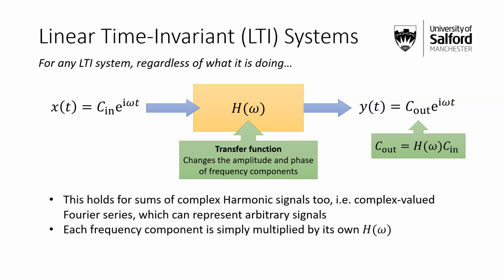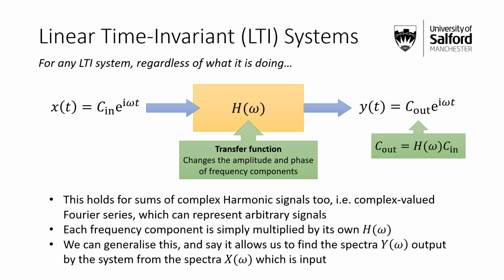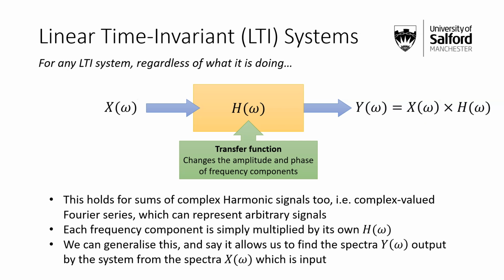And we can generalize how we write this and say that it also allows us to find output spectra Y of omega, so the spectra of y of t, from the input spectra X of omega. So you might see things like this written as well, which could be thought of as applying to a Fourier series if you were looking at these spectra at lots of discrete frequencies, or when we come to Fourier transforms, we'll write these kind of continuous functions of omega or frequency like this.